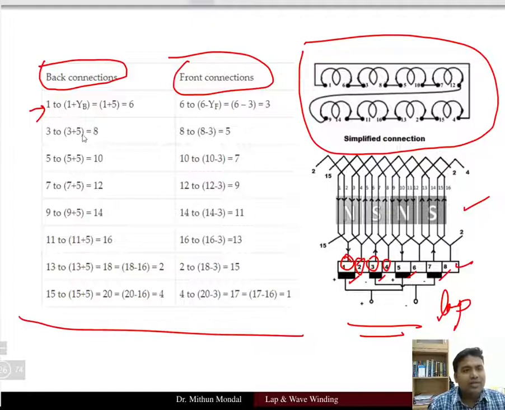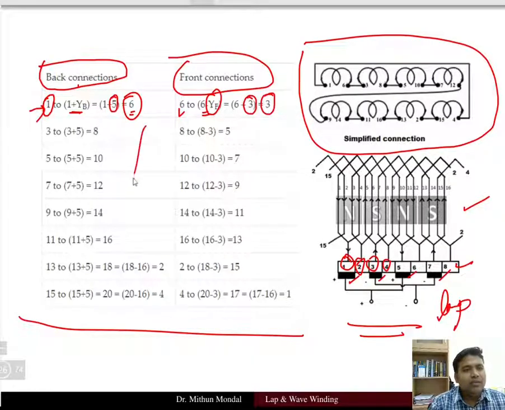So we have taken one example where if you have the commutator segment 1, then it will go to 1 plus yb. So here back pitch is 5, so it will move to 6. So the first back connection will be at 6, and the front connection, if you say 6, it will start. So 6 minus yf, that is the front pitch. So front pitch is 3, so it will end at 3.